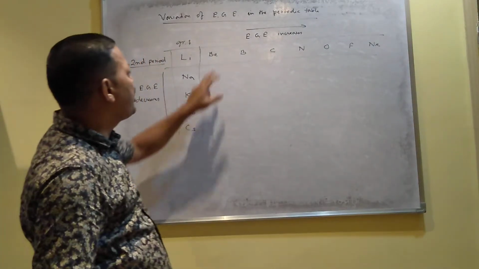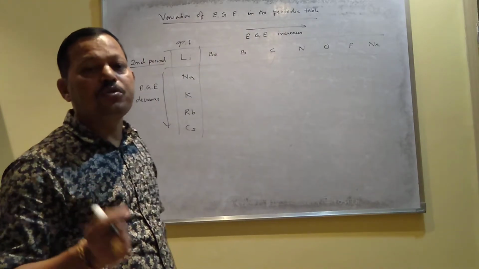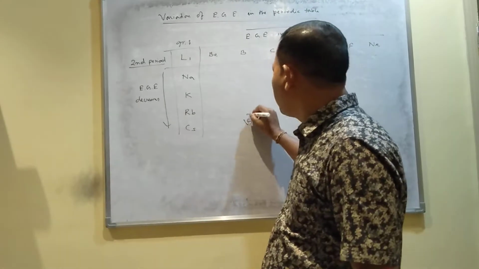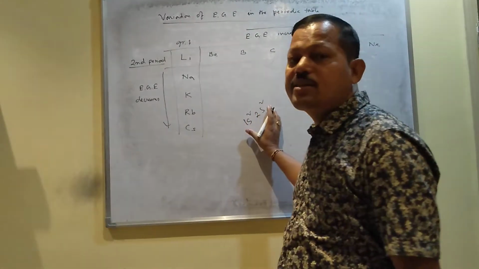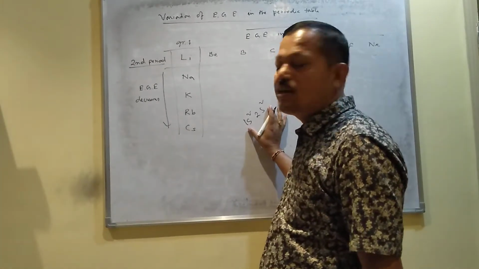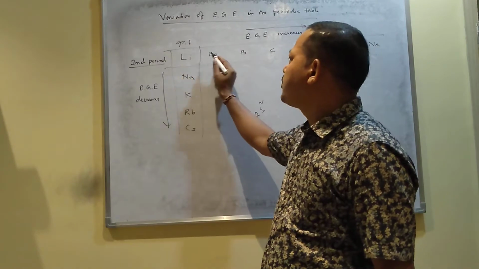But exceptionally you will get beryllium. Why does beryllium have exceptional character? Due to its configuration. Since beryllium configuration is 1s2 2s2, both are filled up, I mean it has a stable configuration. Due to stable configuration it has no tendency to gain the electron, and that is why you will get more in lithium than beryllium.